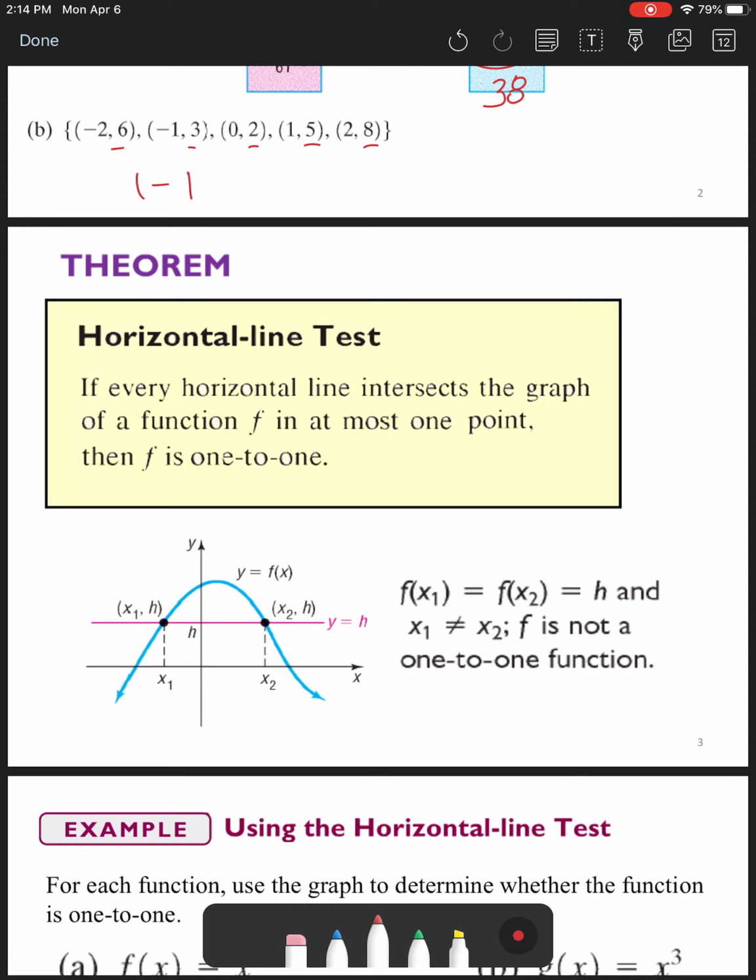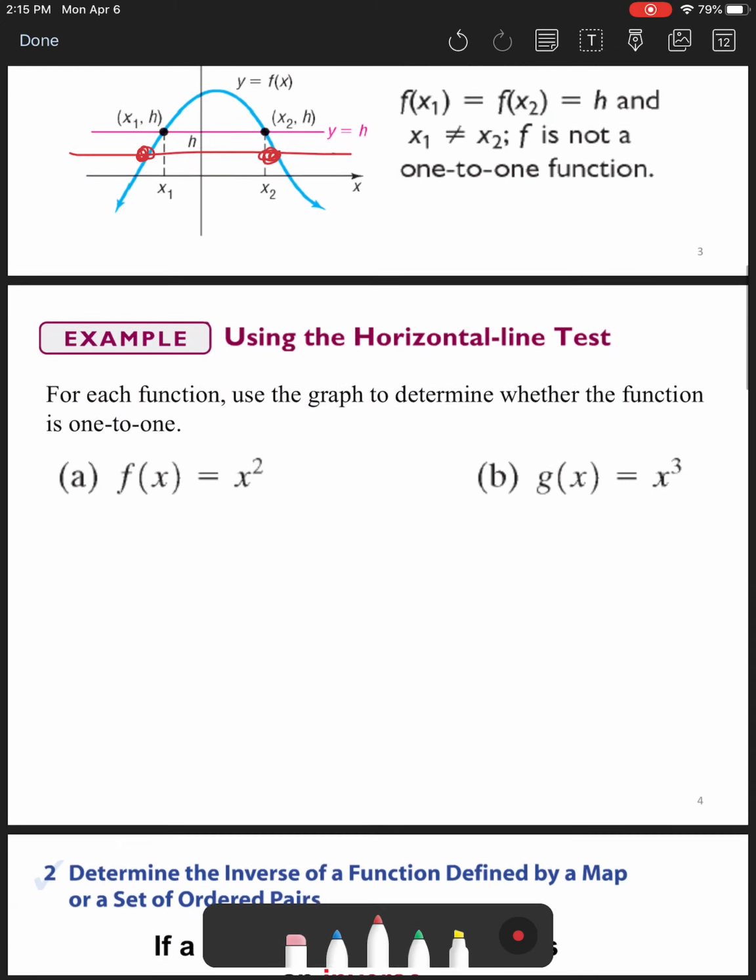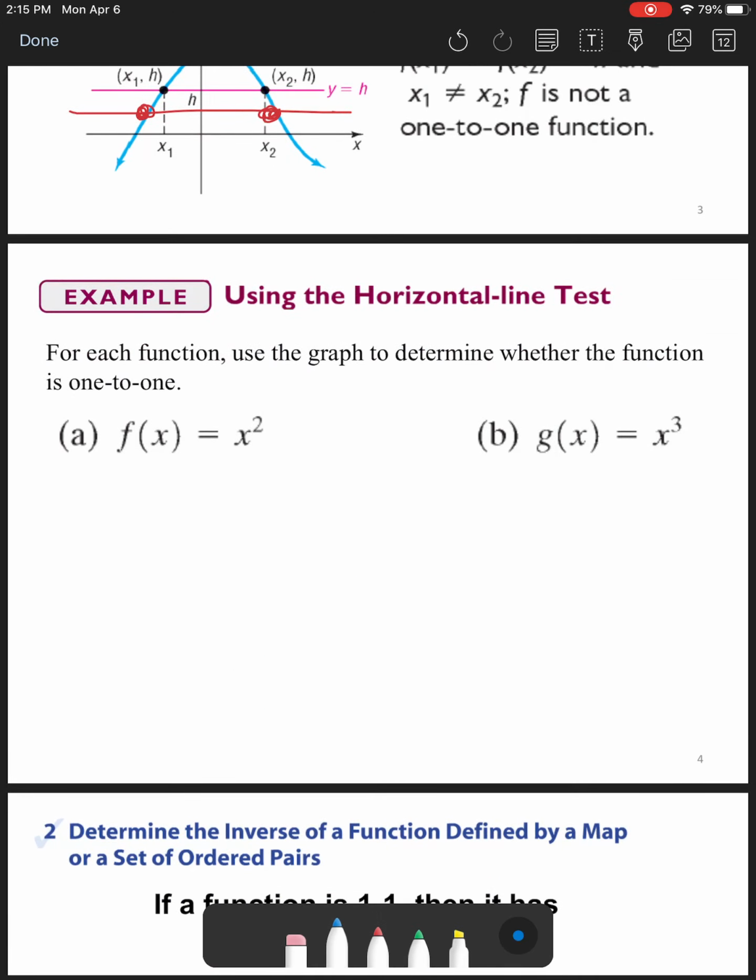Without all the math language, it says if you draw a horizontal line, and it hits at more than one location, then it's not one-to-one. That's all that says. Horizontal lines are lines that go left or right. So if you draw a line from left to right and it hits a graph in more than one location, then that graph is not one-to-one.